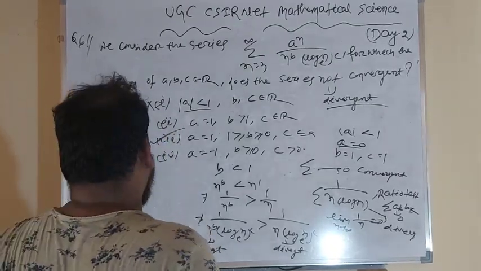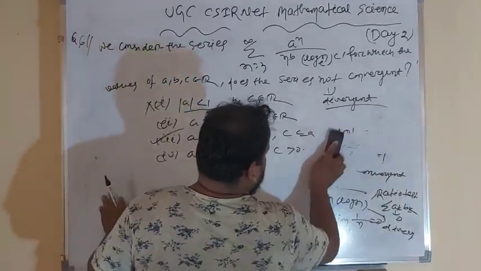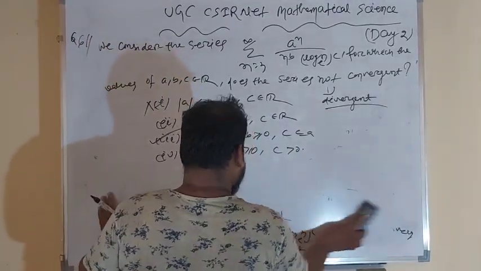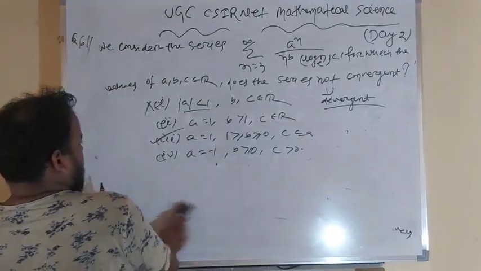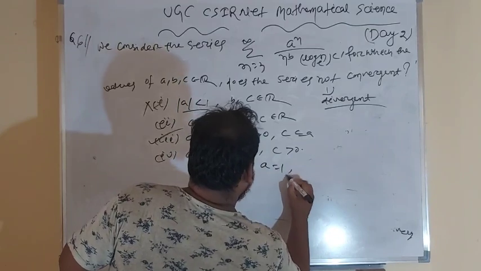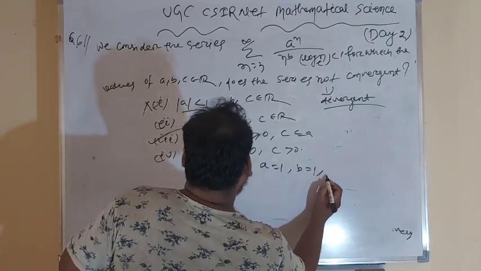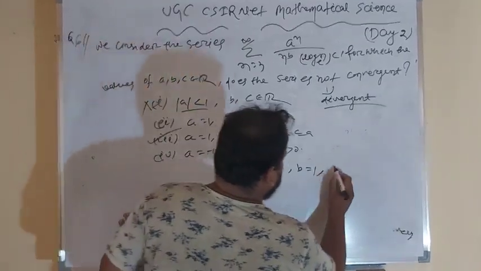Now to check option 2. Suppose a is equal to 1, suppose b is equal to 1, and suppose c is anything, suppose c is equal to 1.